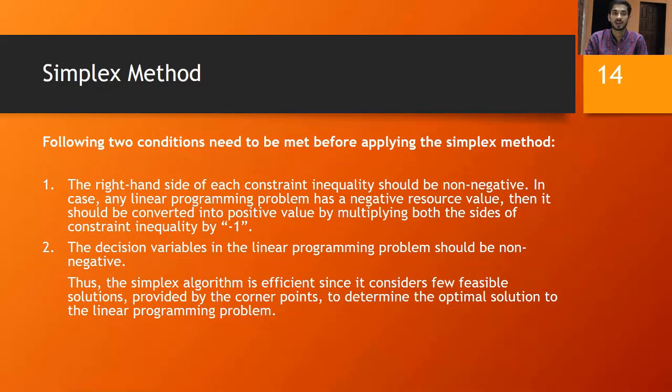Number two, the decision variables in the linear programming problem should be non-negative. Thus, the simplex algorithm is efficient since it considers few feasible solutions provided by the corner points to determine the optimal solution to the linear programming problem.